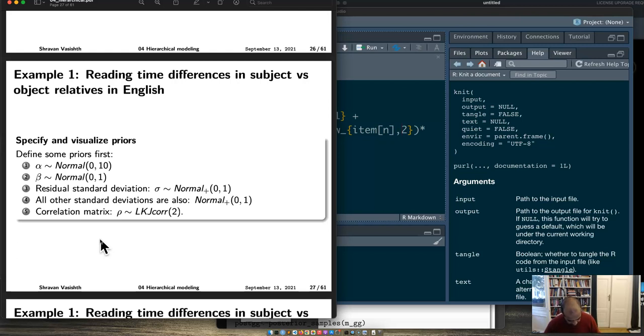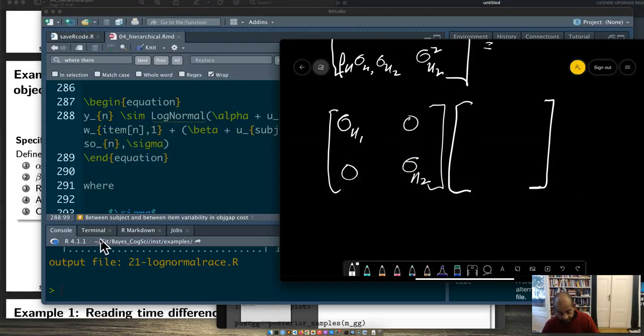One part will be the standard deviations sigma u1 and sigma u2, not the variances, written in a diagonal matrix. Oh, you guys can't see this, sorry. This is a diagonal matrix, and a diagonal matrix always has zeros on the off diagonals.